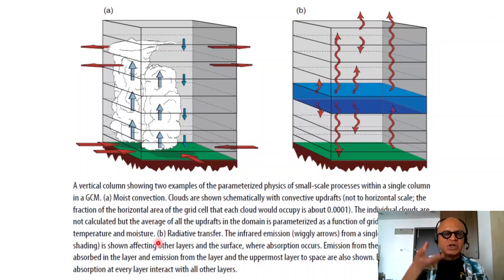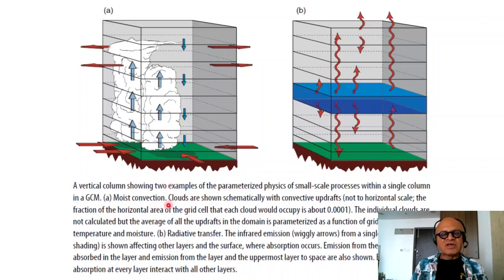So there are ways to take the explicitly predicted temperature and moisture. Remember, those are prognostic equations, dT/dt, dq/dt, and so on. And you can compute instabilities in the vertical using moist static energy and so on.